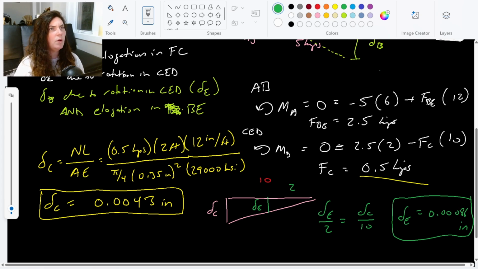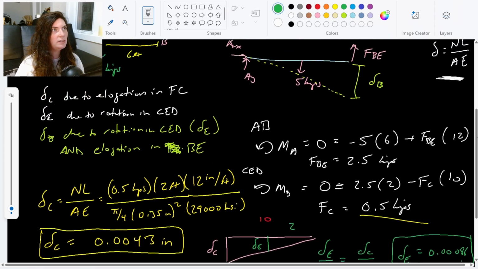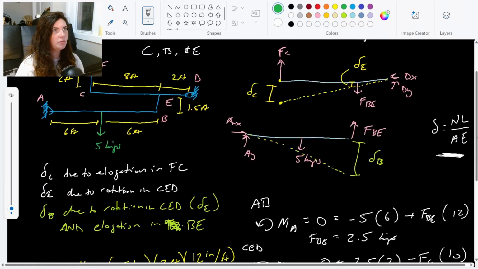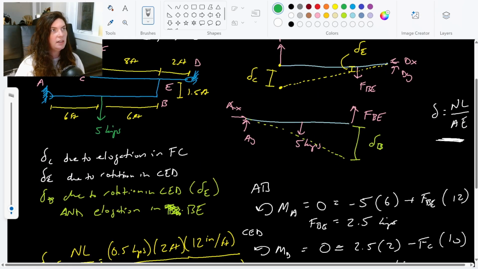So I think we just have one more, right? We needed to find the displacement of point B. This is the one that's slightly more complicated, because it comes from both DE and the elongation in FBE.